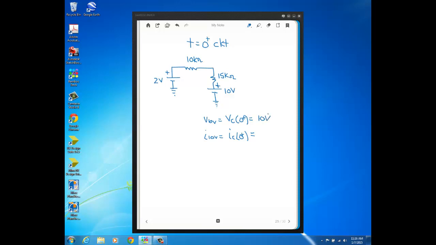And now how do we get this current? Well, we could just do a KVL equation across this path here. We'd have 10 minus 2. See this 8 volts, the 10 minus 2, that's the voltage that's across these two resistors in series, right?